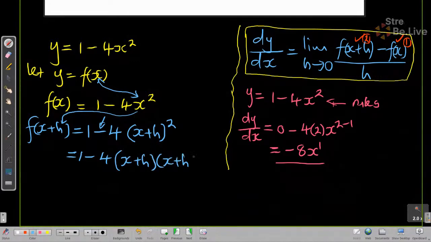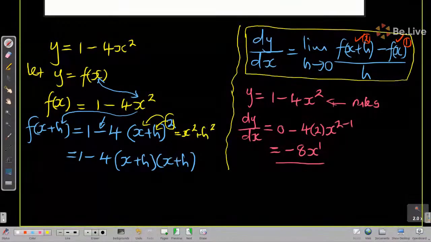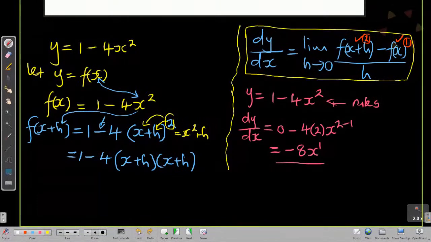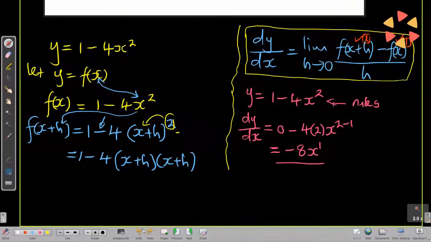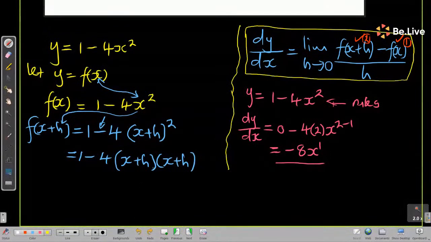You know what students usually do? They take this to say it is x squared, and then they take that to say it is plus h squared. Guys, that is an error, because you need to expand. You can't expand like that. You have to fully expand, so don't be tempted to make that error.